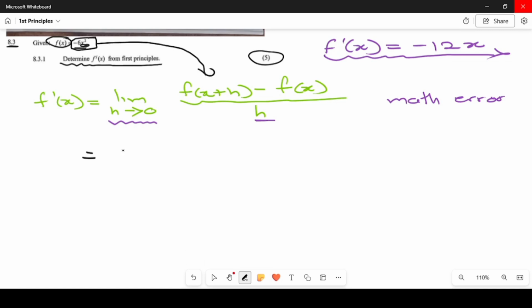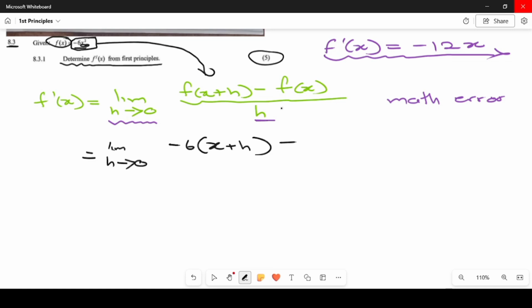So here we'll say limit, so there's an i over there, sorry about that. Let me just write that properly. So we are saying lim, h approaches 0, like that. So what are we going to do now? We are going to say minus 6, and where there is x, you put x plus h, and you say minus.